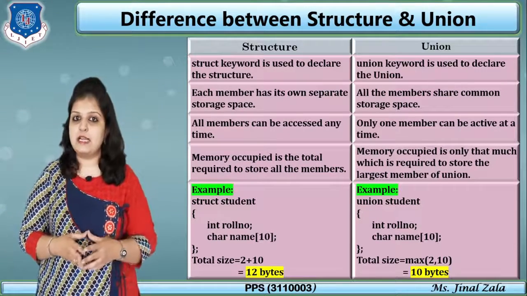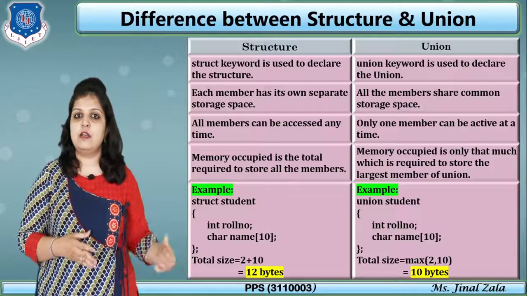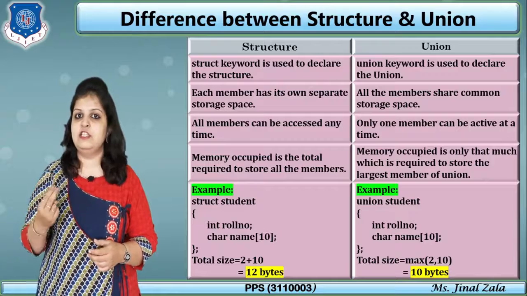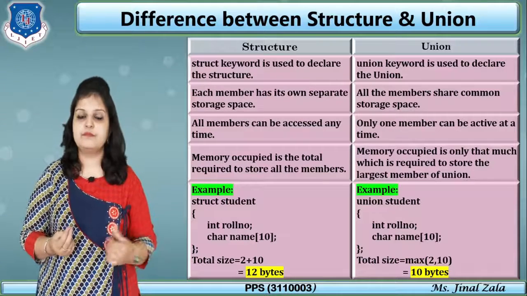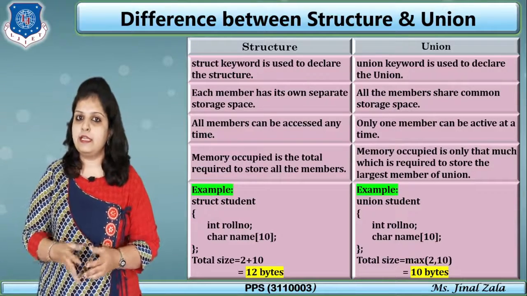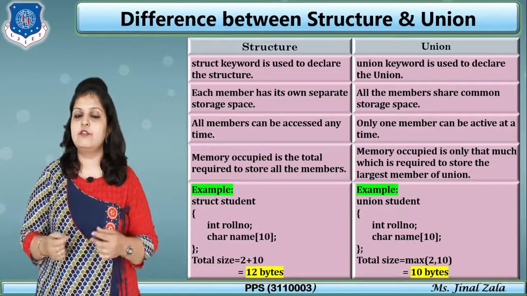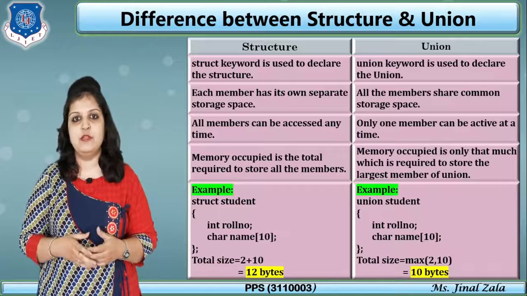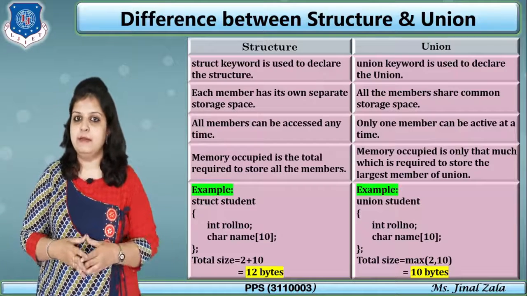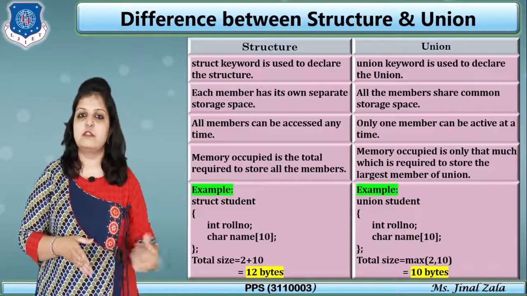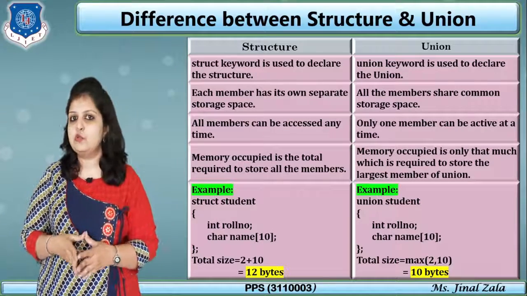If you calculate the size, for roll number it will take 2 bytes because integer takes 2 bytes in memory, and character takes 1 byte, but here array size is 10. So total 10 into 1, 10 bytes will be taken by our name member. Adding these two members, 2 plus 10 is equal to 12 bytes.